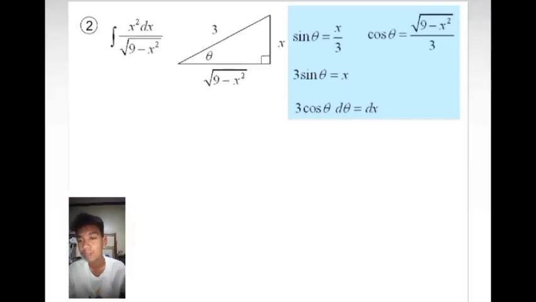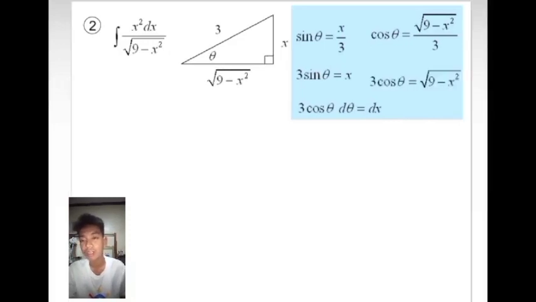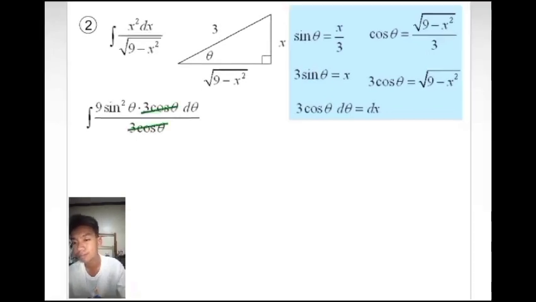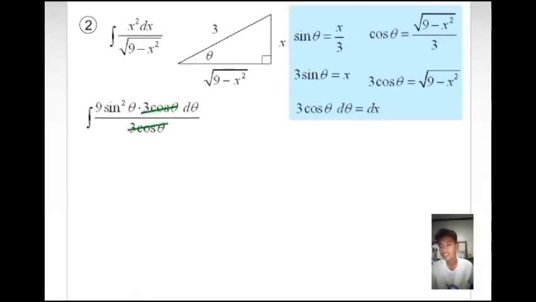Cosine theta is equal to the square root of 9 minus x squared over 3, and 3 cosine theta is equal to the square root of 9 minus x squared. So substitute the trigonometric identities into the integral, and then simplify.